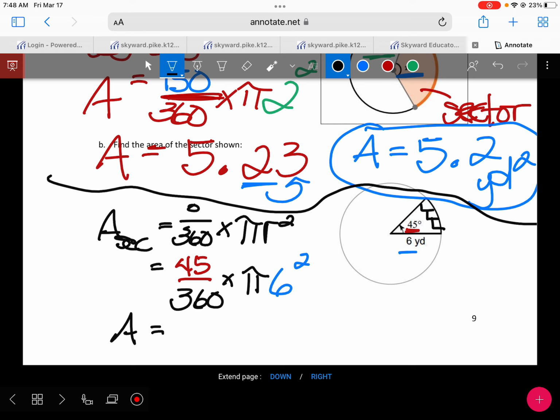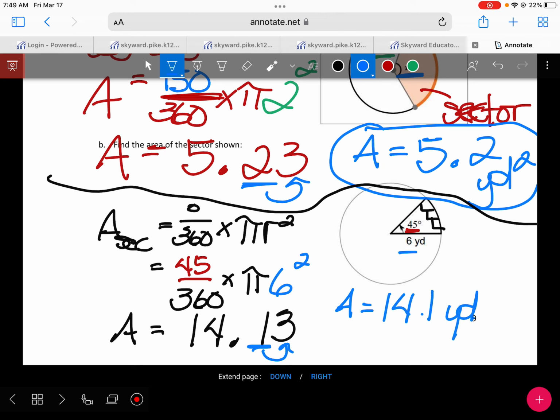Who's got an answer? Somebody other than Starla. She did the last one. That is correct. 14.13. If I'm taking it to the 10th place, look next door, that's less than 5. So the area of this sector is 14.1 yards squared.